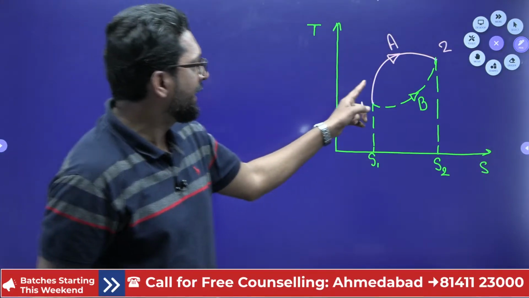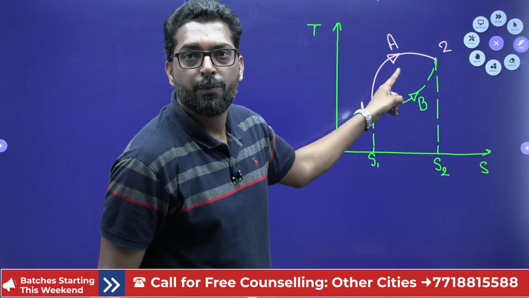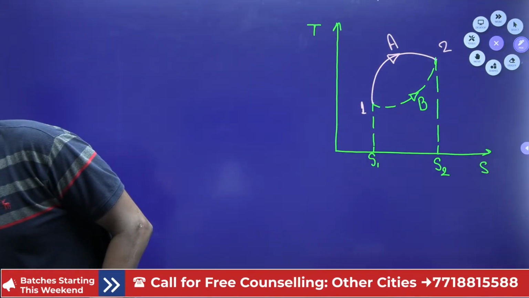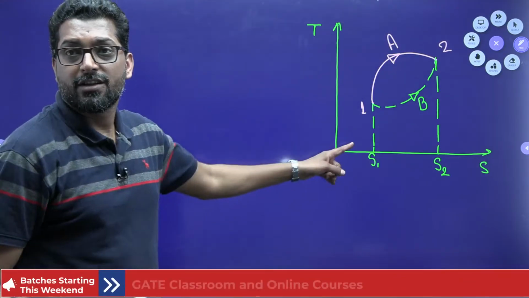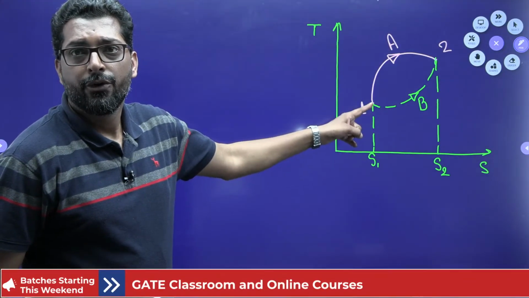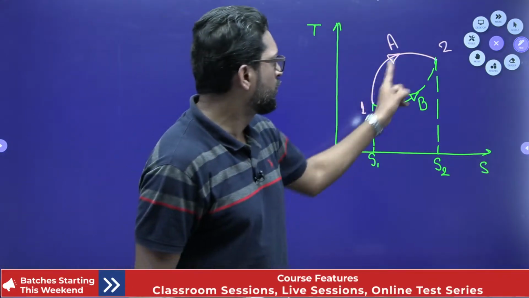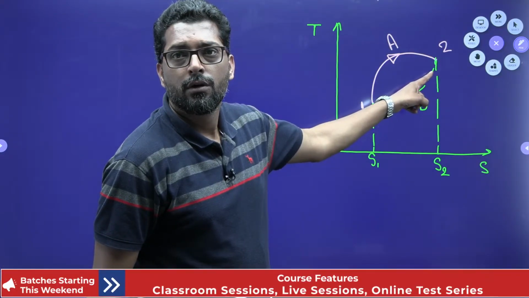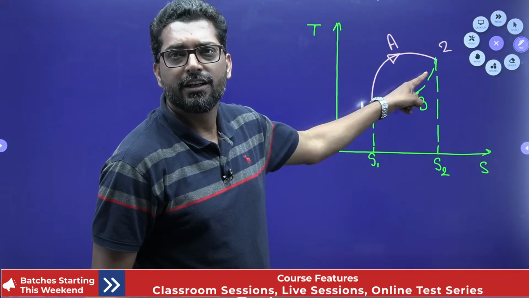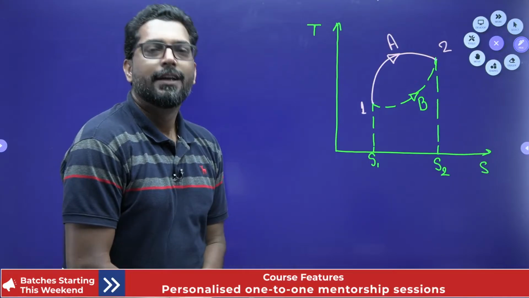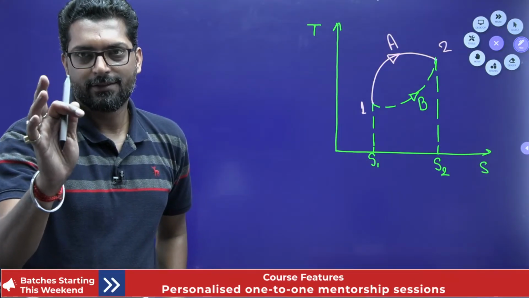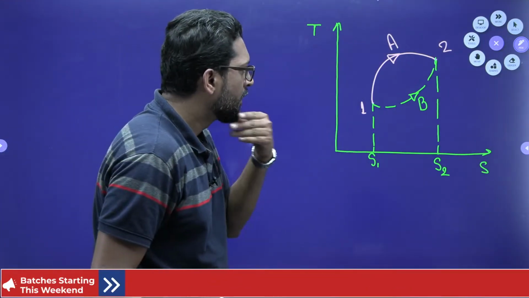S1 minus S2 is 0 with the graph with line 1 to 2. What exists means the more and more. No. Yes, my dear. Yes. See, what is meant by this?